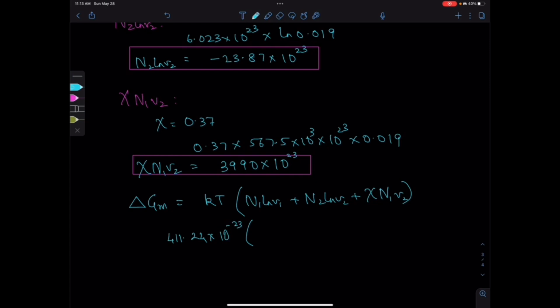N1 ln V1 is negative 11455 times 10 to the 23. N2 ln V2 is negative 23.87 times 10 to the 23, and chi N1 V2 is 3990 times 10 to the 23.